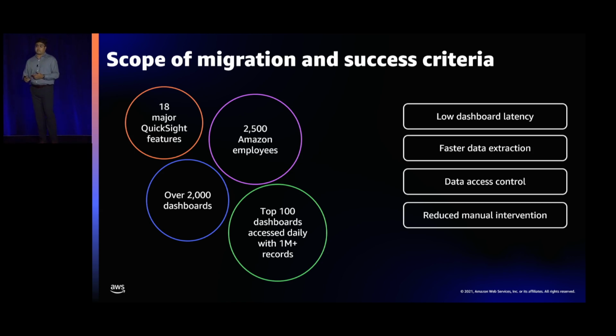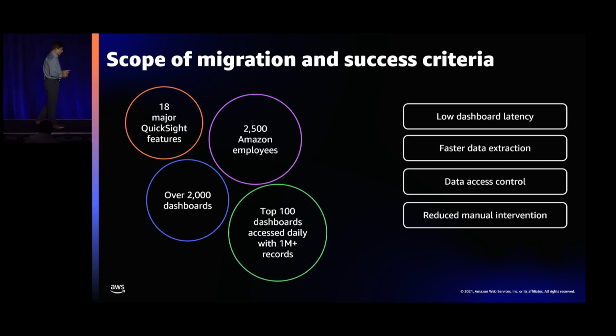In fact, when we were accounting for our migration scope, we ended up identifying more than 10,000 dashboards. Now, of course, when you are moving house to a new house, you are not going to bring all the old stuff that you are not using anymore. We did a similar analysis. We worked with 2,500 Amazon employees to identify what are the relevant dashboards to migrate to the new system.